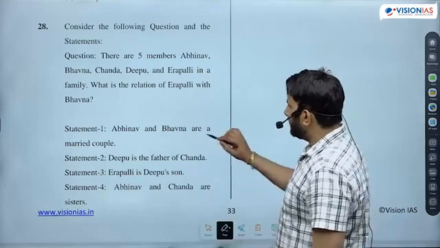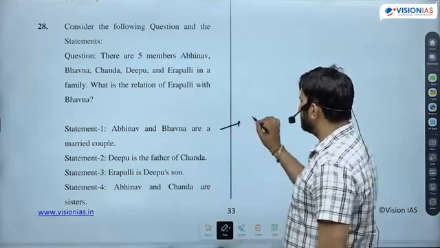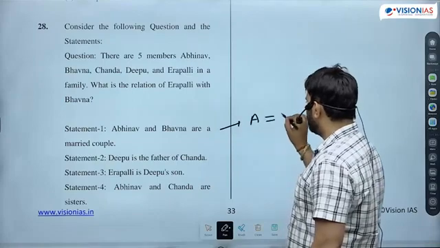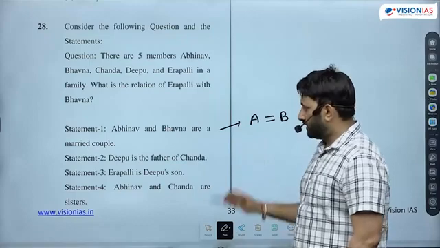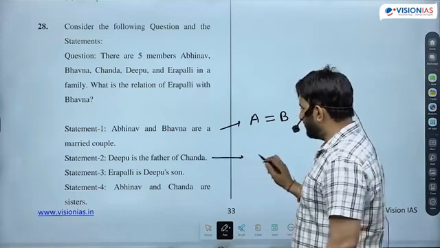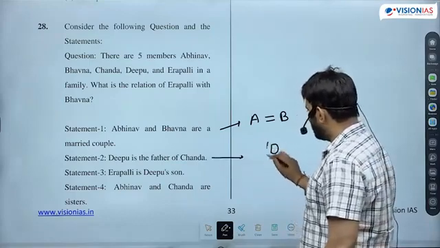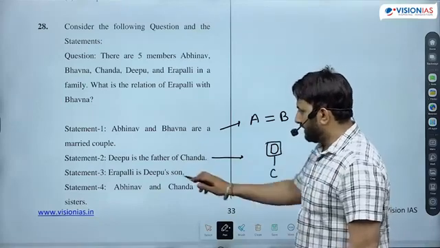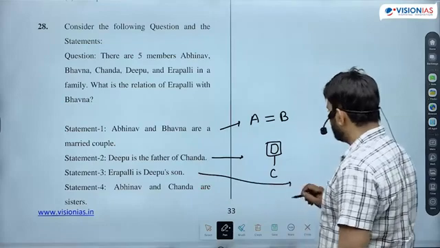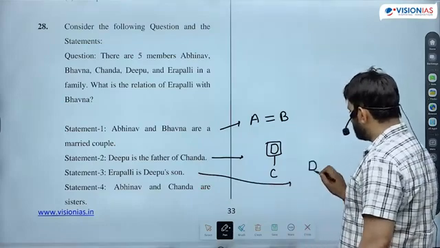First, Abhinav and Bhavna are married couples. A and B, they are married couple, but who is husband, who is wife, we don't know. Next, Deepu is father of C. Deepu is father of C, Chandra. Irapalli is Deepu's son.